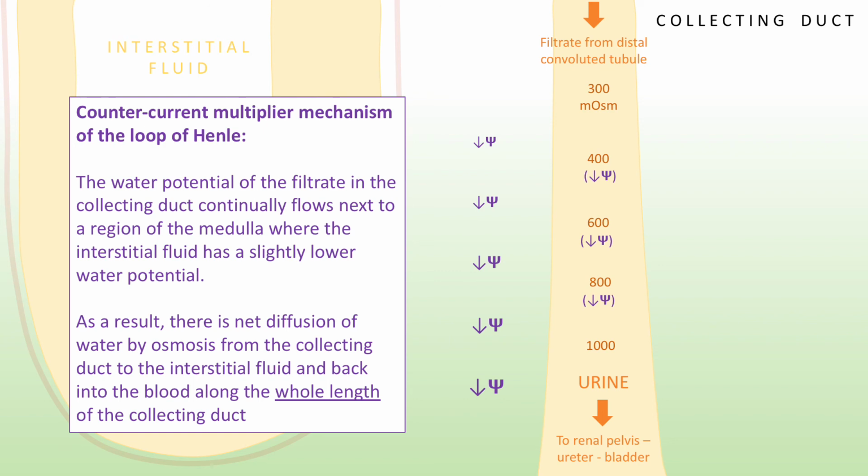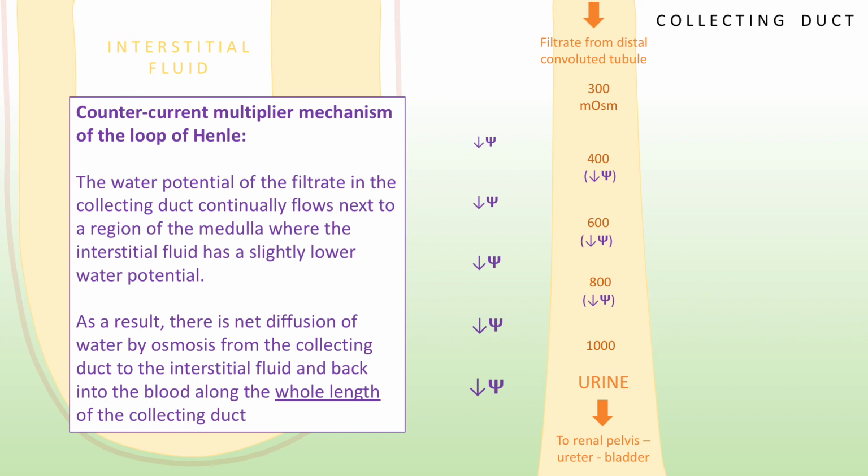And what you should remember from that countercurrent information from the way the fish gill functions, and it's the same here, is that there's a water potential gradient between the collecting duct and the interstitial fluid along the whole length of the collecting duct.